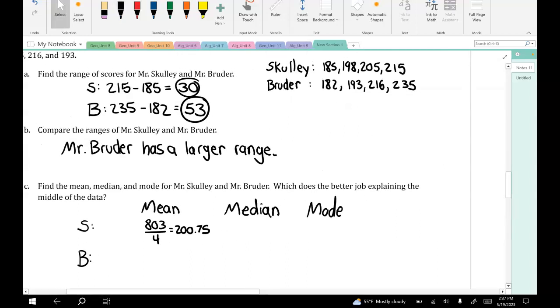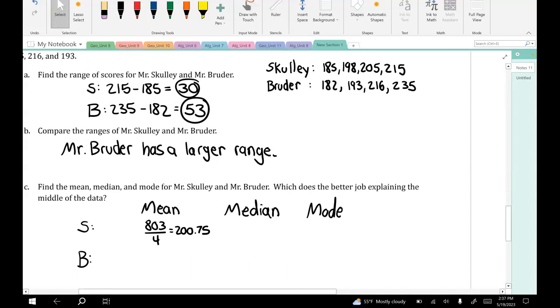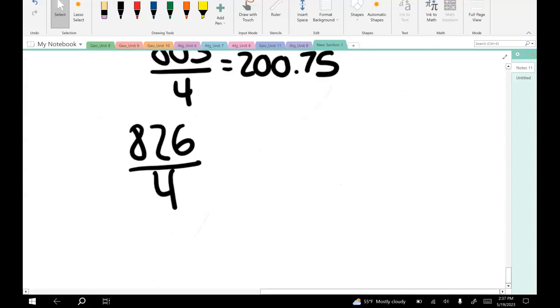Finding Mr. Bruder's mean, we could add up 182 plus 193 plus 216 plus 235. We get 826. And we have to divide that by 4. And you get 206.5 when you do that.